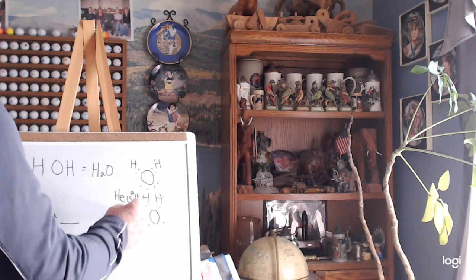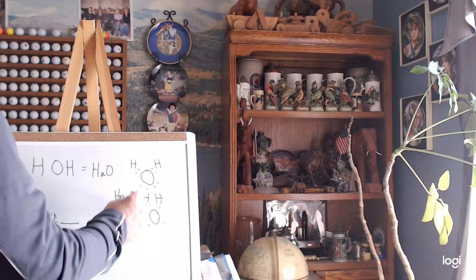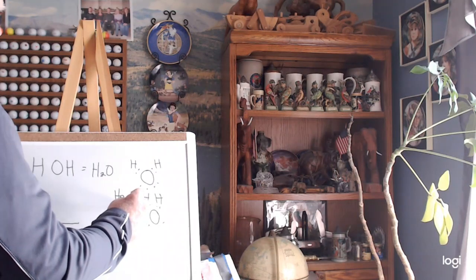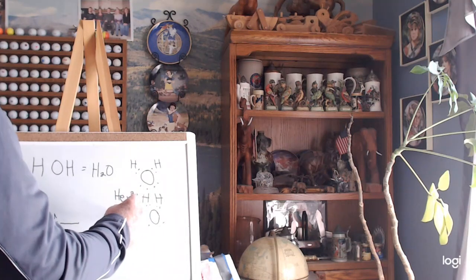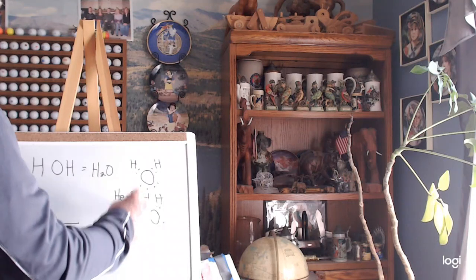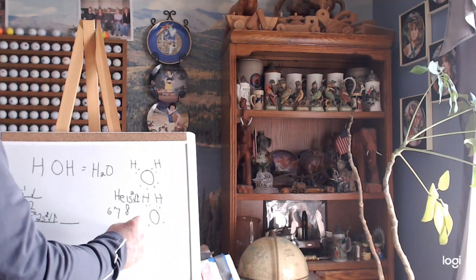Column 8 has 8 electrons, or in the case of helium, 2 electrons. So these are noble gases. Actually, they're inert elements, which was later found that all of them are gases. So column 8 is all gases, all non-reactive in normal chemical reactions.